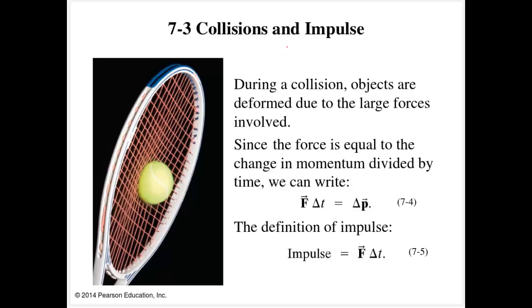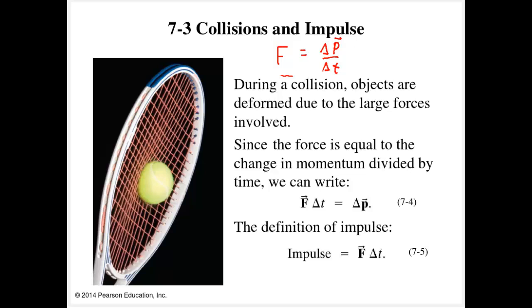We know in order to change an object's momentum, we're going to have to apply a force, and we're going to apply that force for some amount of time. If we take this equation from the previous slide and we rewrite it such that we multiply both sides by delta t, then the force multiplied by the time you applied that force for must be equal to the change in momentum.